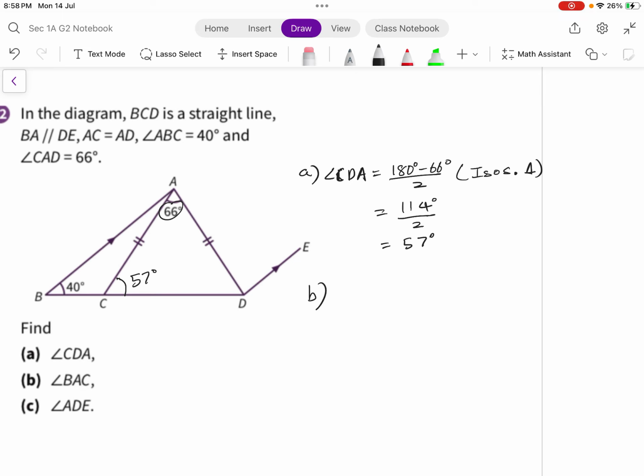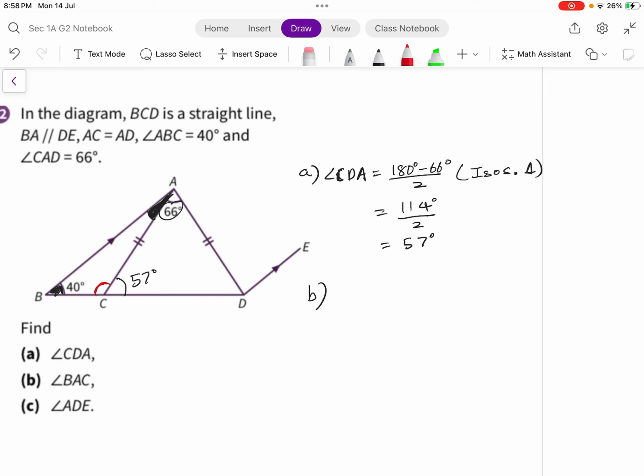If you all recall, this angle here plus this angle here, when you add them together, it should equal 57 degrees, right? Because 180 degrees minus 57, I get this angle.